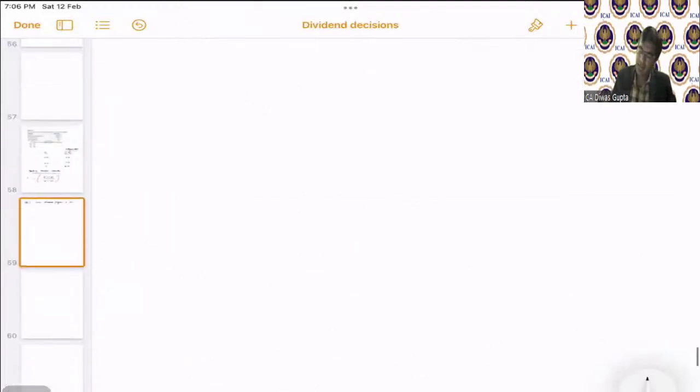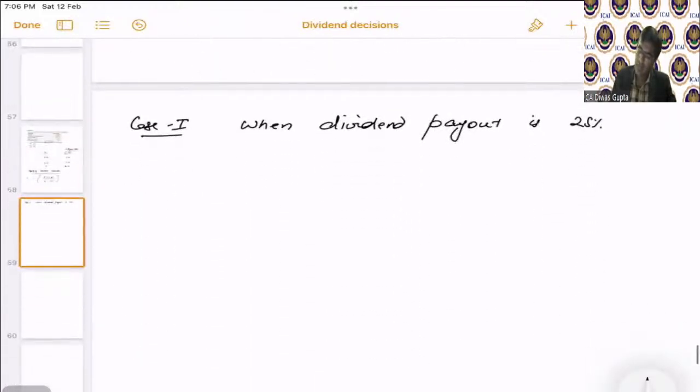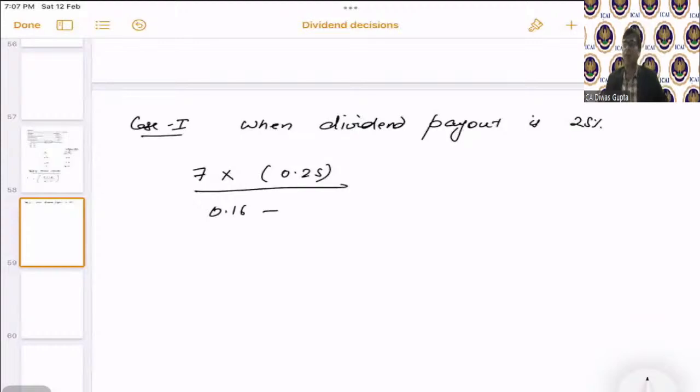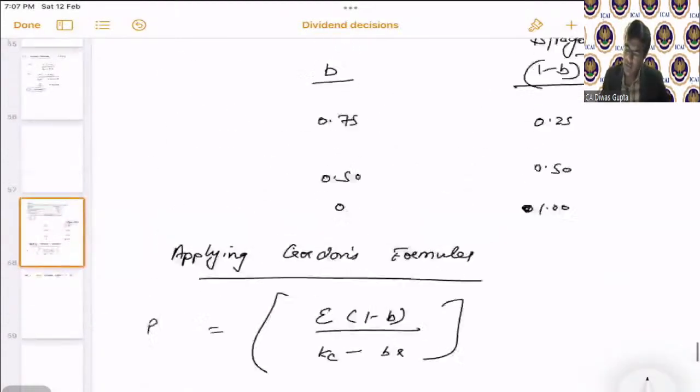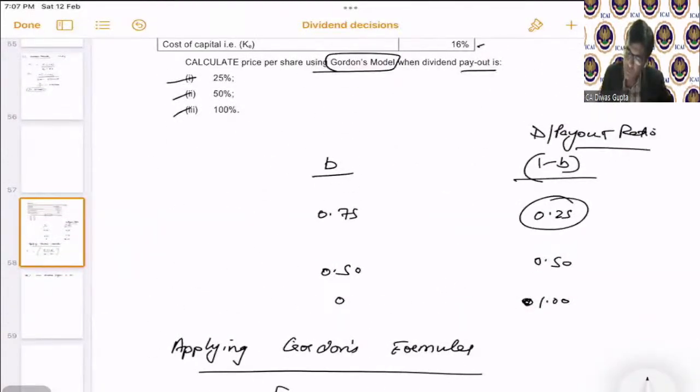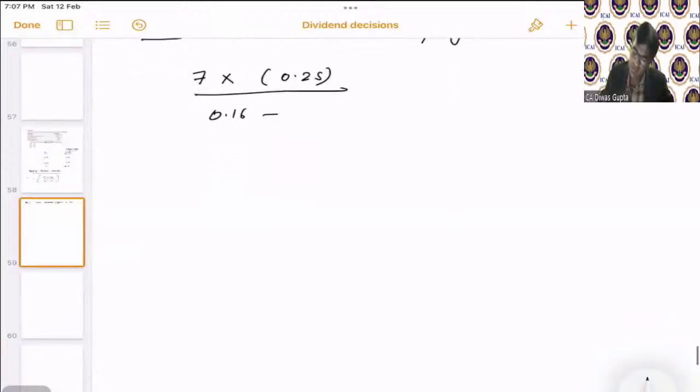Now, coming back here. When dividend payout is 25%, what is the formula? 7, which is the earnings per share, into 0.25, divided by cost of equity 0.16 minus B into R. What is B in this case? We have seen if dividend payout is 0.25, B is 0.75.